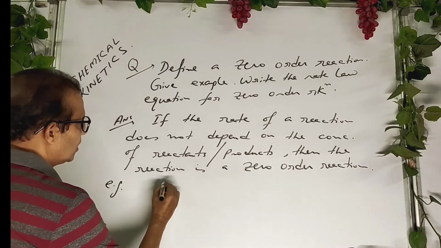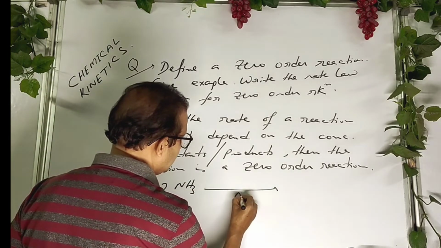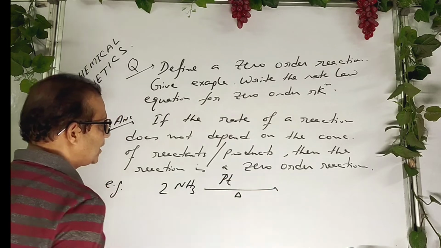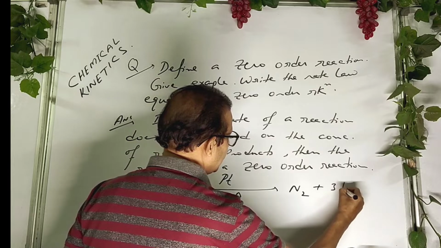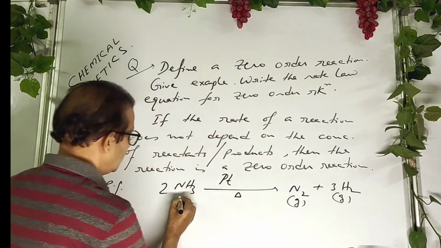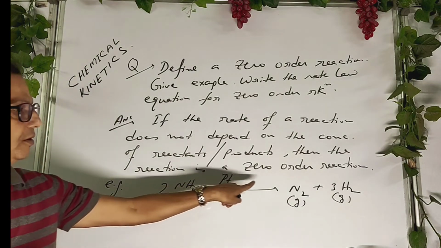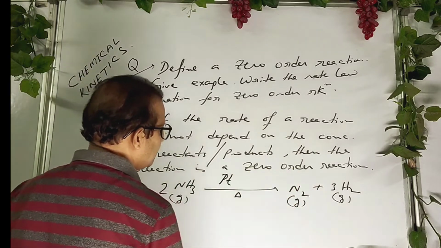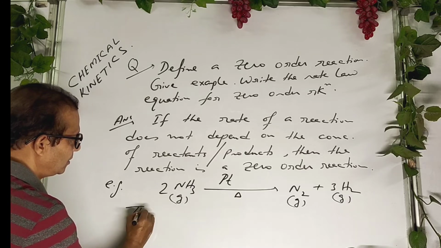Example, this is ammonia. When ammonia is heated in presence of platinum catalyst, you get nitrogen and hydrogen gas. This reaction is the best example of zero order reaction. So how to write the rate law equation?